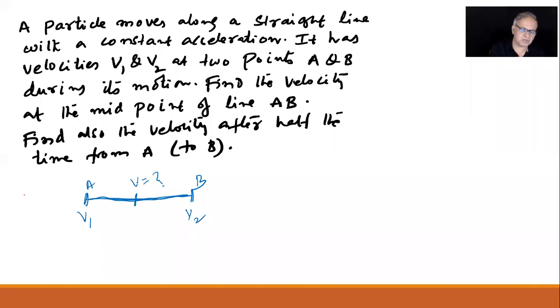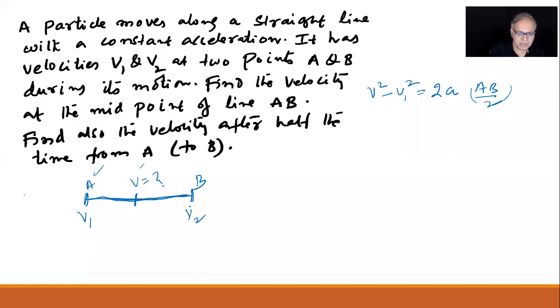So let me apply v square minus u square equals 2as. This v square minus v1 square equals 2a, which we don't know. We'll suppose that acceleration is a, and this distance will be how much, children? AB by 2. For this, v square minus v1 square is 2as. a we don't know. We'll eliminate it.